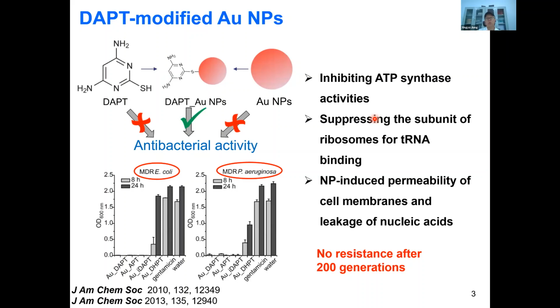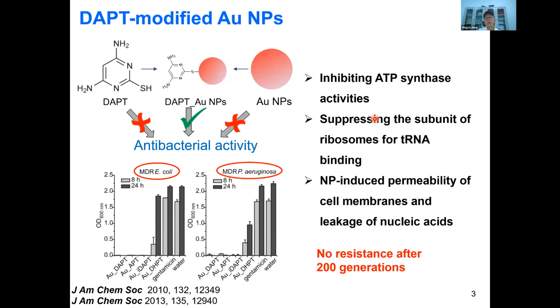So that's, we think, one of the reasons why it's particularly good for fighting against the multi-drug resistant, or the MDR version of the bacteria, because typically bacteria become resistant against drugs by overexpressing certain proteins, and it already has to compensate for the overexpression of proteins by sacrificing some of its normal functions.